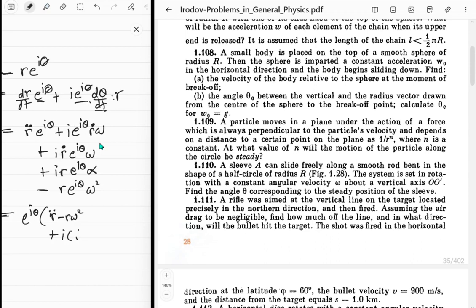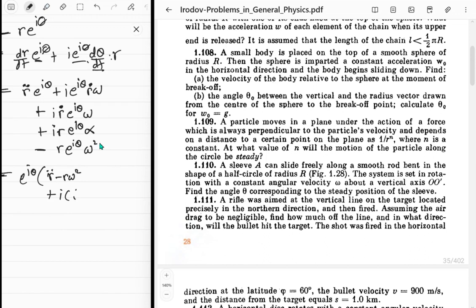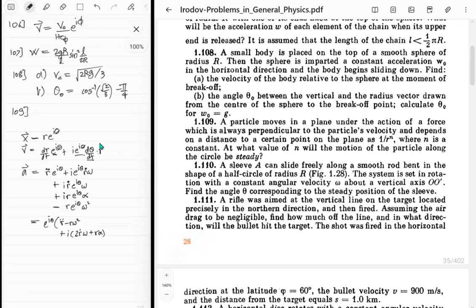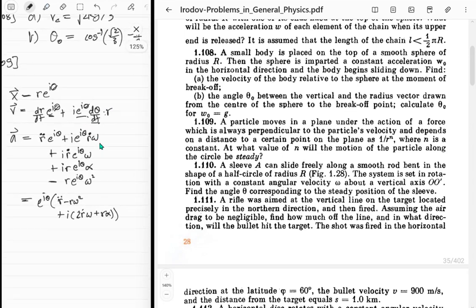Yes, that's also correct. And then this is the most complicated one. So negative r e^{iθ} omega squared. Yes, it's correct. So iota, and you got 2 r dot omega, and then plus r alpha. That should do it. Okay, this is your acceleration.